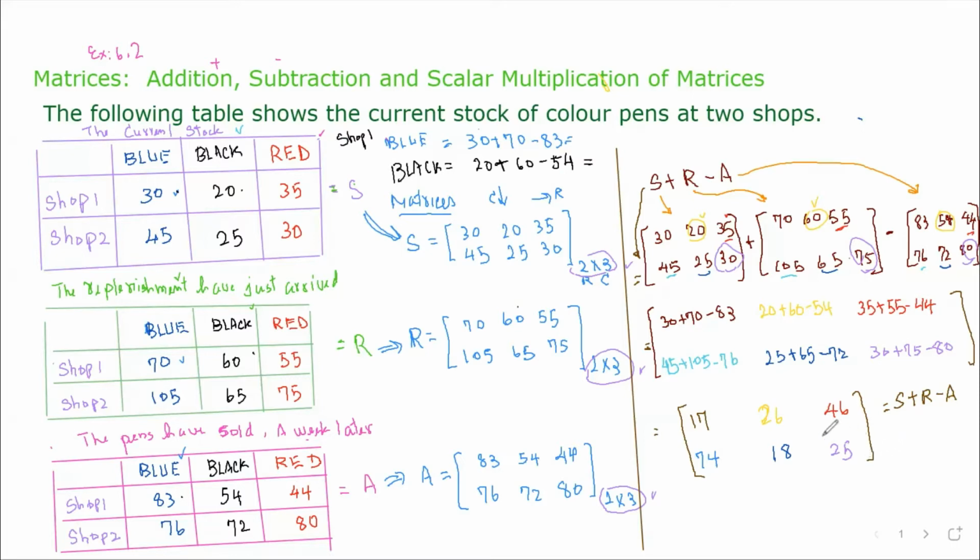Okay, so when you observe this one, because they are the same order, that's why we can plus and minus. In this case they can plus and minus, but we don't talk about multiplication, leave it away. So you should have the same order also. That means two rows and 3 columns. So you observe 2 rows and 3 columns, 1, 2, 3, also for addition or subtraction.